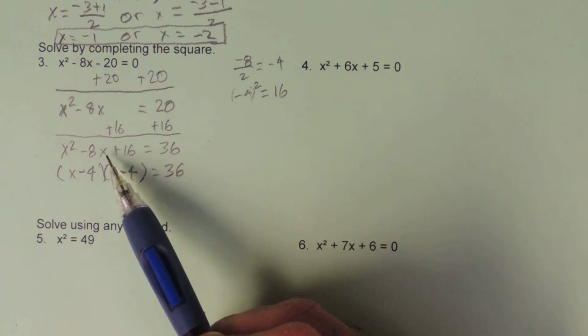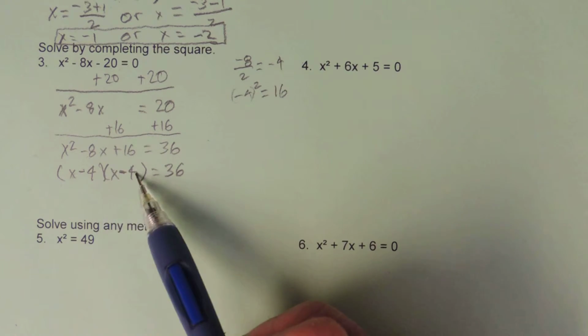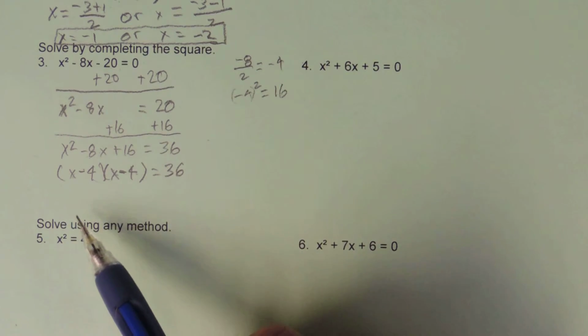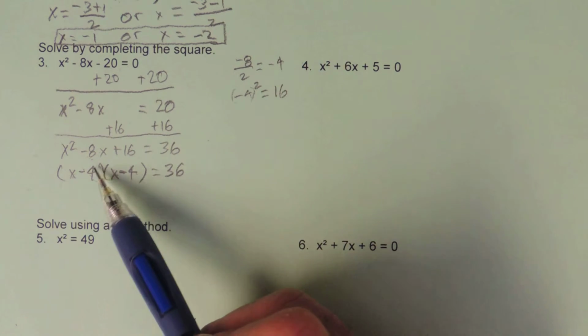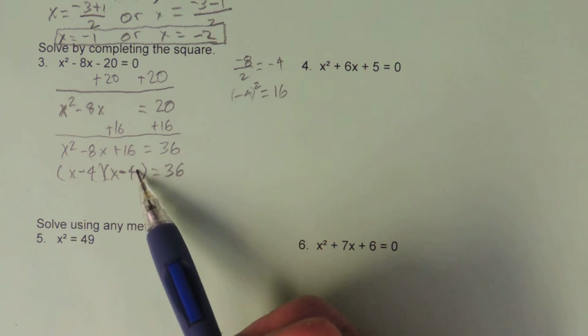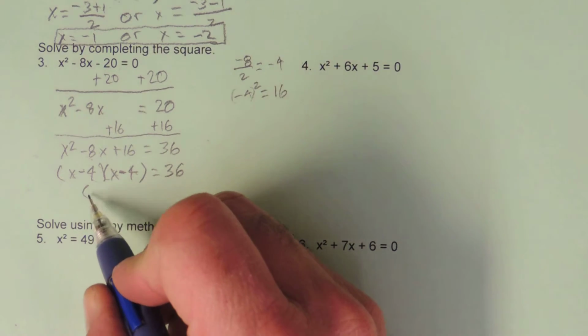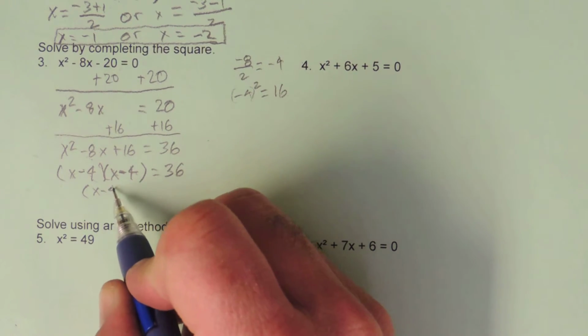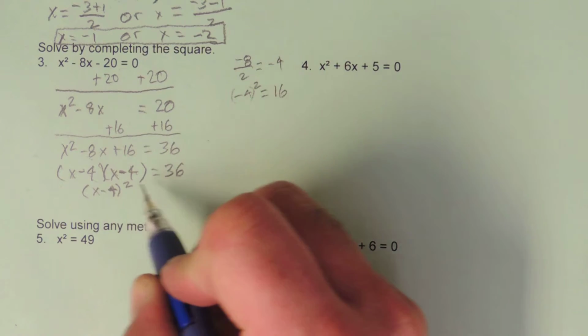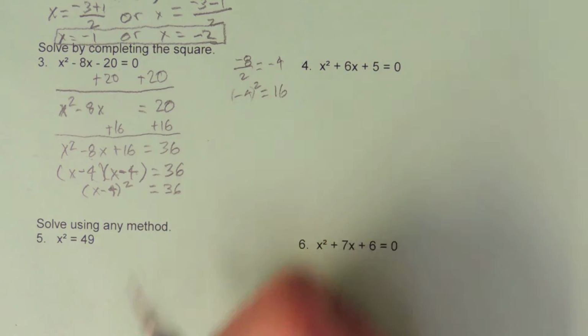I check it. x squared minus 4x minus 4x gives me negative 8x. Negative 4 times negative 4 gives me 16. I'm going to rewrite this now as x minus 4 squared equals 36.